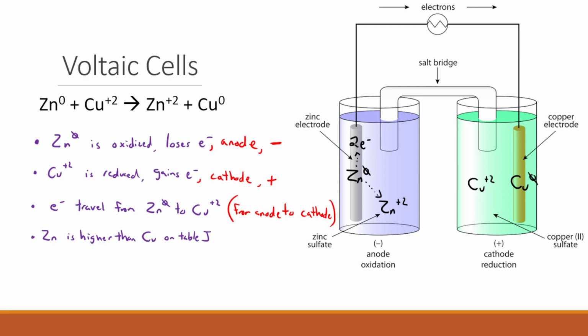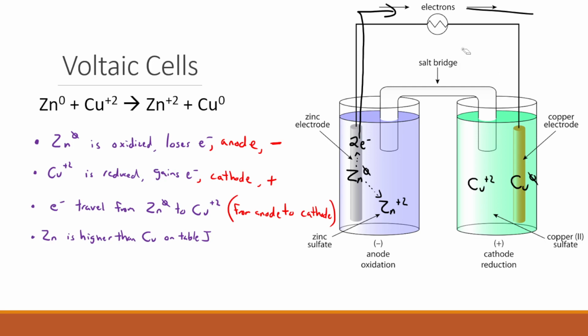The production of electrons is what makes the anode negative. But zinc doesn't want these electrons. These electrons are being shed, they're being gotten rid of. And zinc 0 doesn't have a negative oxidation state it can become. So these electrons are going to travel up through the wire, passing whatever thing you're trying to power up.